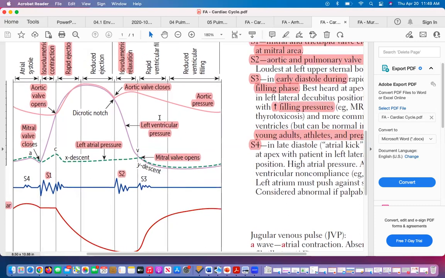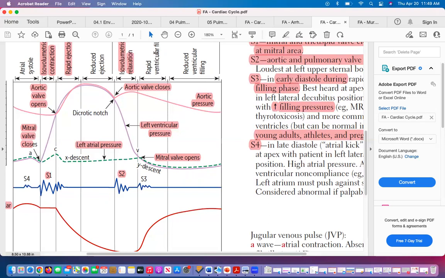In terms of the pressure, the left ventricular pressure is still coming down because, of course, the ventricle is in the diastole phase, so it's relaxing, even though there is blood coming through to it. Because it is relaxing, the pressure is still going down until it normalizes, basically.